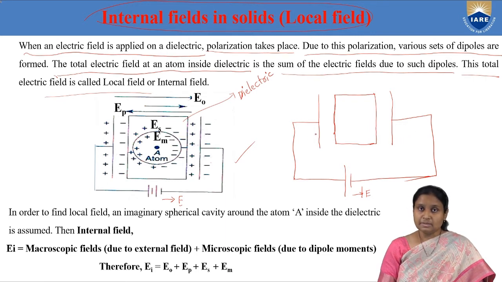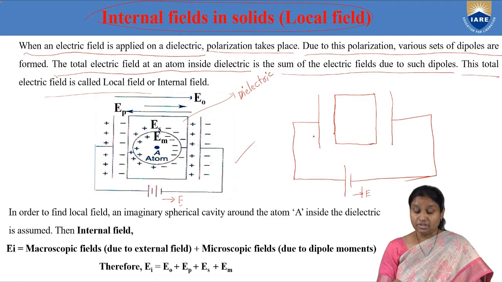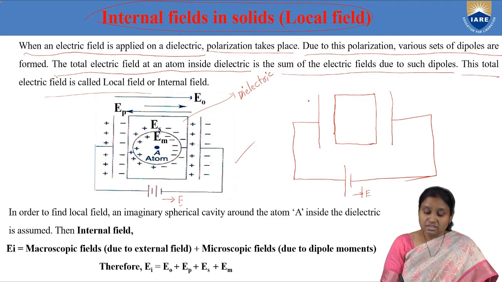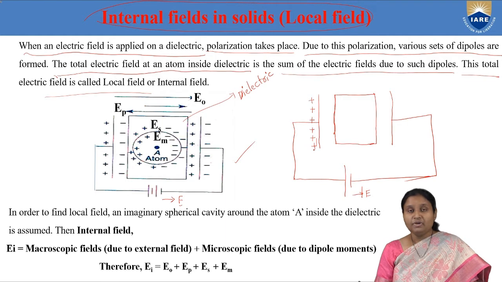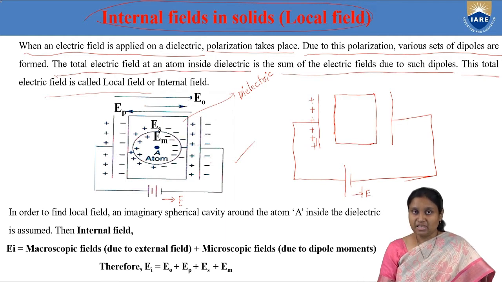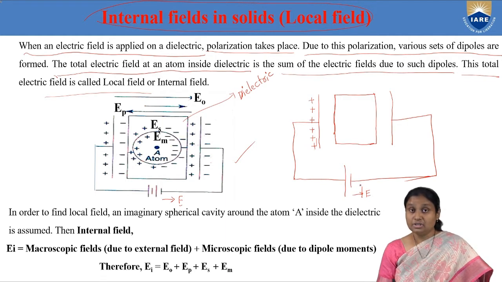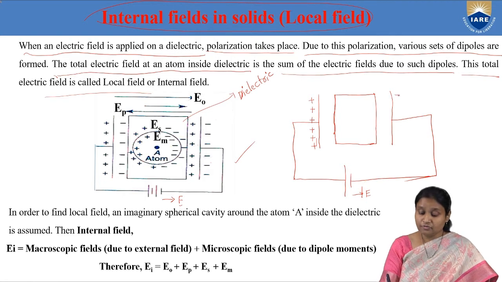Because the capacitor plate on the left is connected to the positive terminal, we have formation of positive charges there. Whereas on the right capacitor plate, because it is connected to negative polarity, there will be formation of negative charges.